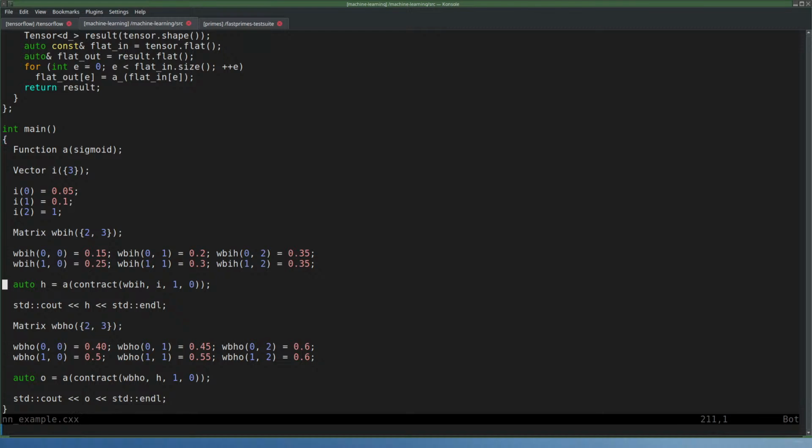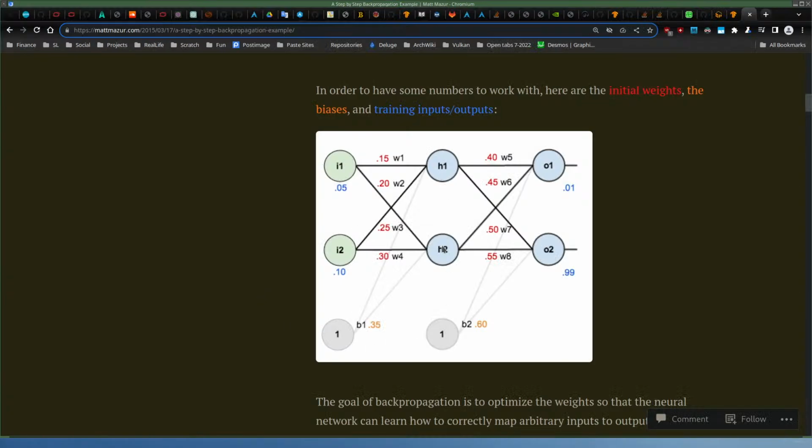Okay, I see it. Yeah, this output here is the multiplication. There's just H1 and H2, so we're missing this one here.